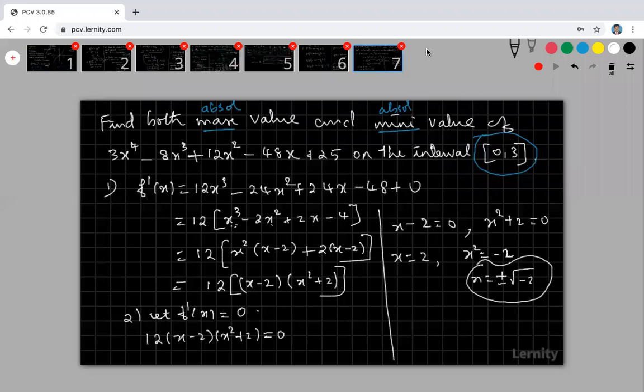In plus 1, you have studied complex numbers. Root of minus 2 can be written as root of minus 1 into root 2, and root of minus 1 is nothing but i. So x is equal to plus or minus i root 2.